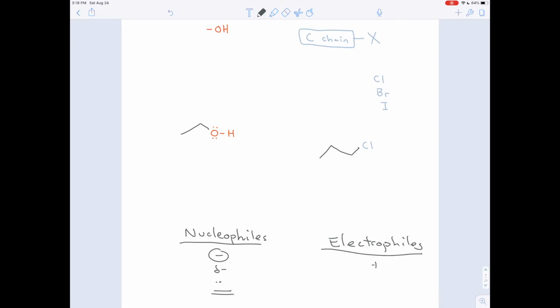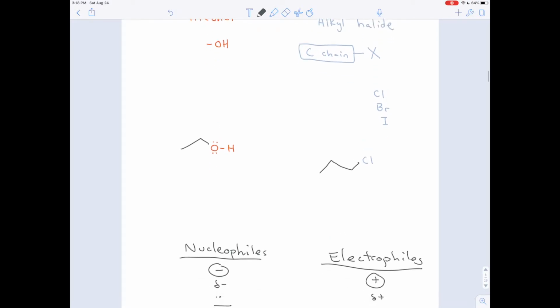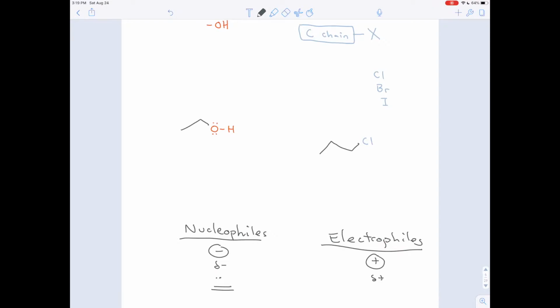And electrophiles will have either a full positive charge or a partial positive charge. When you want to describe how a reaction happens, it's important to find these centers, nucleophiles and electrophiles, because the reaction is going to happen when the negative charge is attracted to the positive charge.